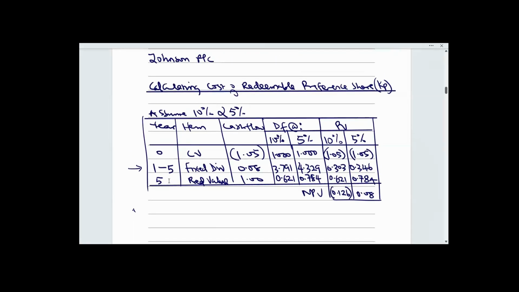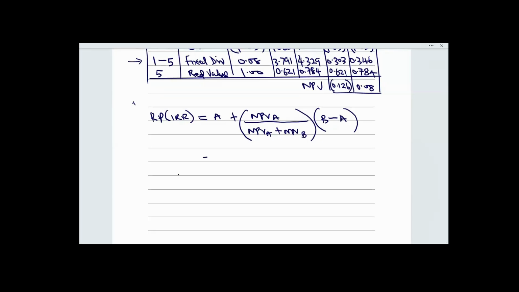So at this point, we can then proceed to calculate the cost of redeemable preference share, that is the internal rate of return. I would then say KP, which is the same thing as internal rate of return, is calculated as lower discount rate plus the NPV of the lower divided by NPV of the lower plus the NPV of the higher, all multiplied by higher discount rate minus lower discount rate.